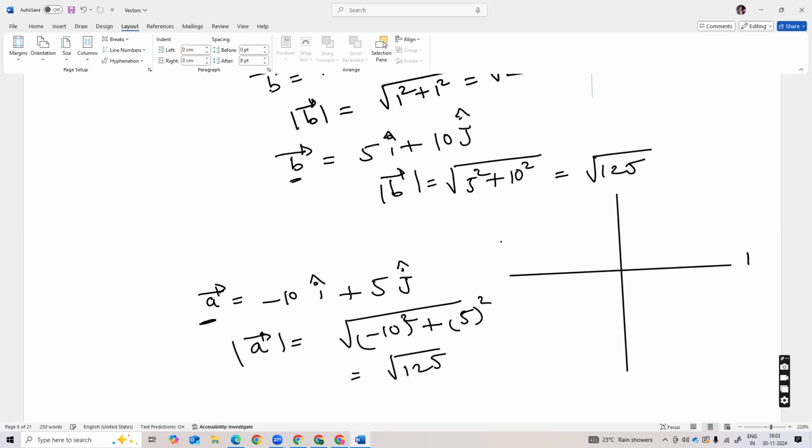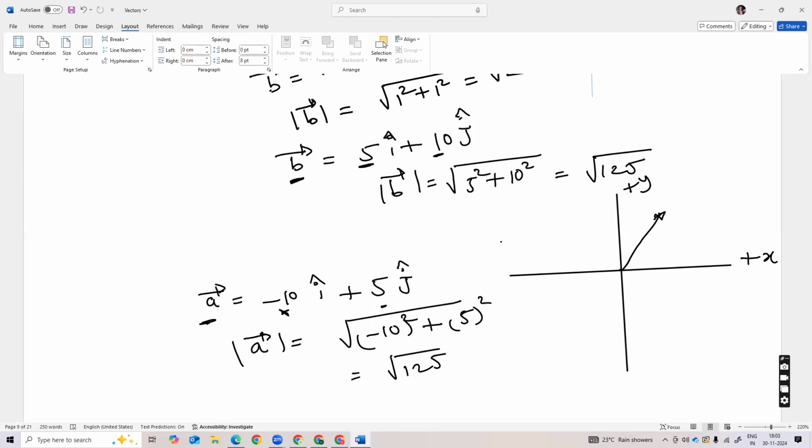let's say this is plus x, this is plus y. For vector B, the x component is positive, the y component is also positive, and the x component is lower than the y component, so the vector is like this. Whereas in vector A, the x component is negative, the y component is positive, and the magnitude of the x component is 10, which is more.